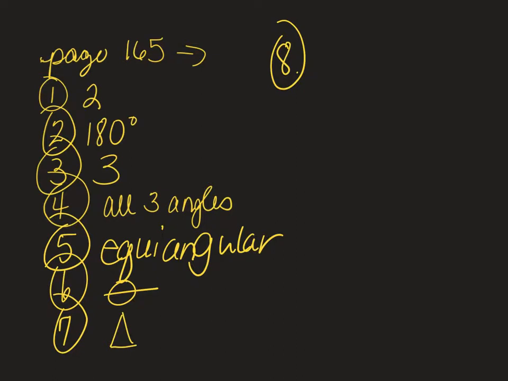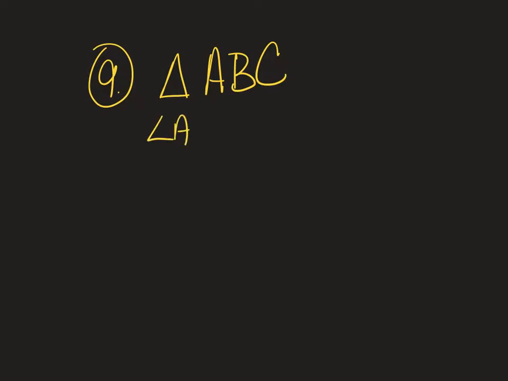Now, did we do 9? We did 9 through 12. Okay, let's look at number 9. Here you have a triangle ABC. It tells us that angle A equals 40. Angle B equals 60. Now, we need to find out what the measurement of angle C is.